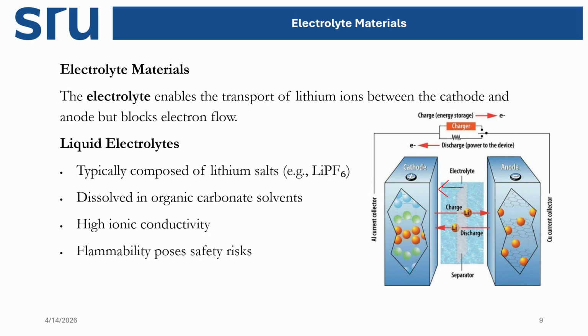Normally for a lithium ion battery, LiPF6, lithium hexafluorophosphate, is used as the salt, and the solvents are PC, EC, DEC, used in a 1:1 or different ratio mixture. These carbonate based solvents, propylene carbonate and ethylene carbonate, have very high ionic conductivity, but flammability poses a safety risk.